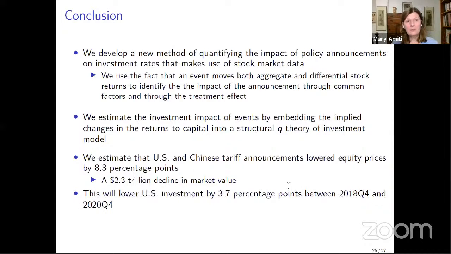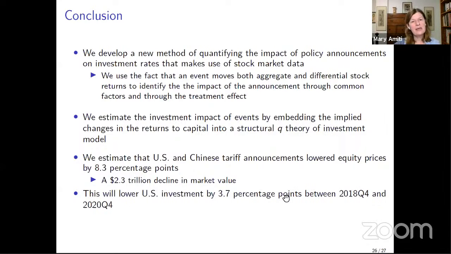And as I said, right now we're just linking it to investment, but we're in the process of trying to look at the welfare effects, so that we not only look at what the effects are on the returns to capital, but also what the implications are for returns to labor and the overall aggregate effect.